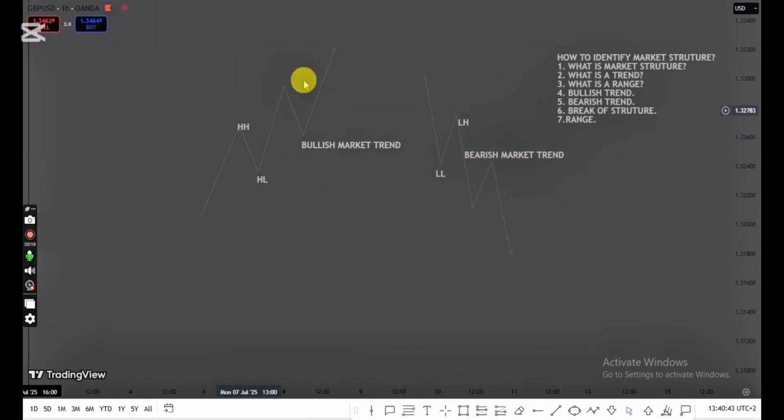So the difference between these two market trends that you're seeing here is that whenever we are talking about a bullish market run or market trend, we note that we have higher highs and higher lows. So the market will create a series of higher highs and higher lows, just like you see this moving arrow as I have demonstrated for you.